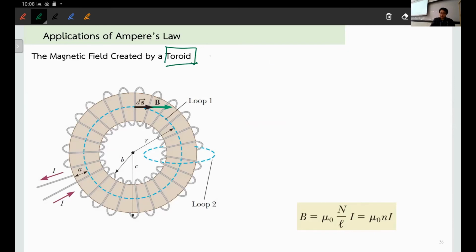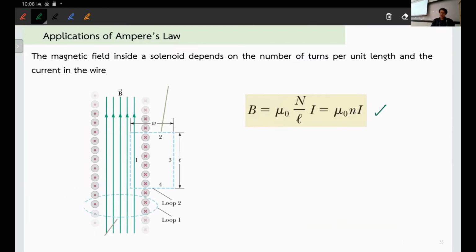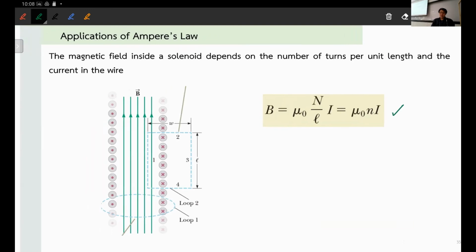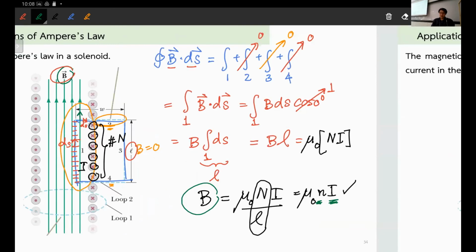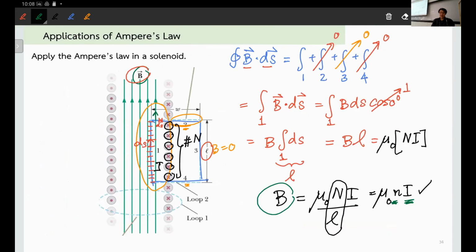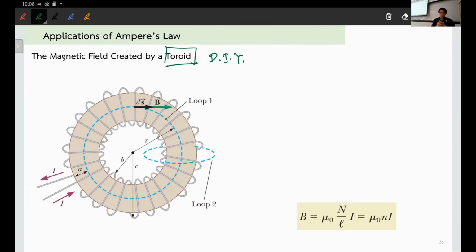I'll give this one as a DIY, but I don't know how many people want to try it. I have already shown you what should be done in the solenoid case. So for the toroid, you can try it at home whenever you feel like it.